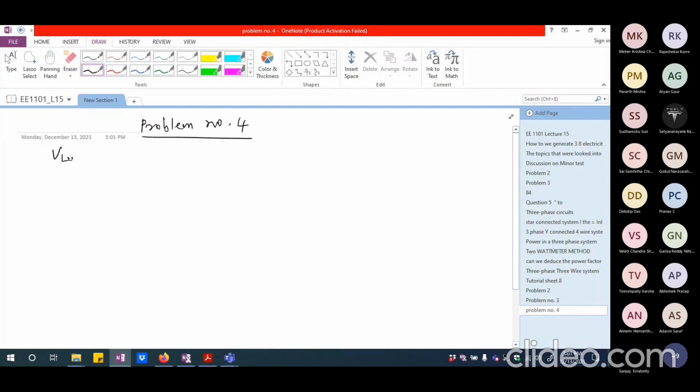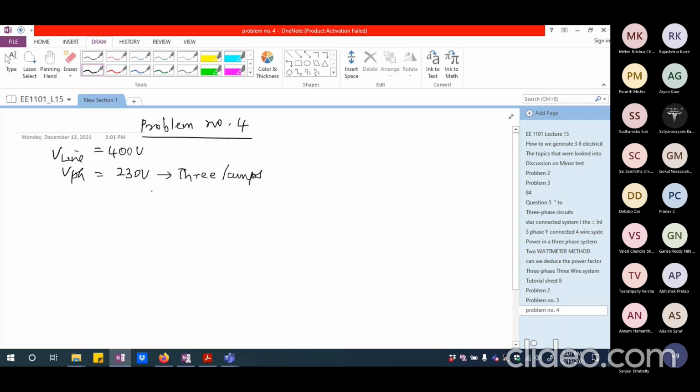So here what is given is V line is 400 volts and V phase is 230 volts. There are three lamps connected, and each lamp is taking from one particular phase.